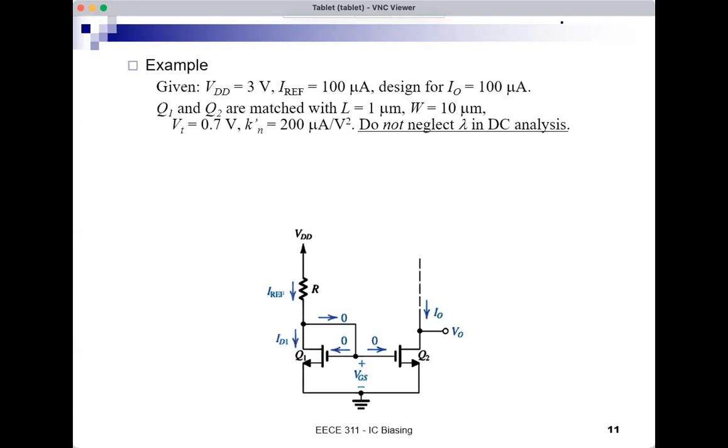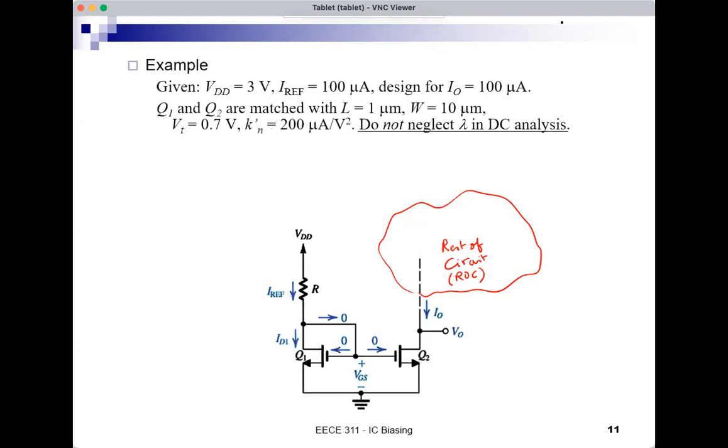All right, so this is what you want to do here. Just to remind you that this circuit is supposed to be connected to something. So this is something that's connected to the circuit, which I will call the rest of circuit, ROC, that I am not showing. There's something connected here, and that's why this line is dotted. And this circuit, the resistor and the two MOSFETs, is creating a current source.